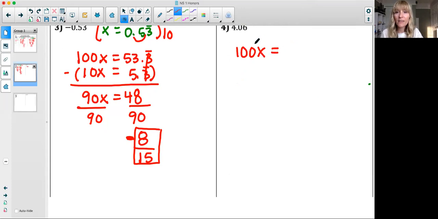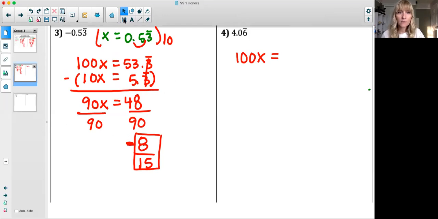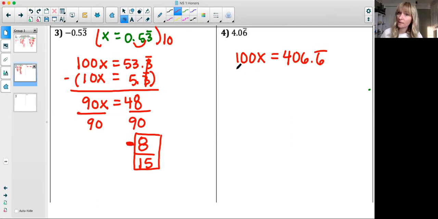equals, and this will make it so that I'm moving twice. Don't forget that 0, it's really important. 406.6, because only the 6 repeats.